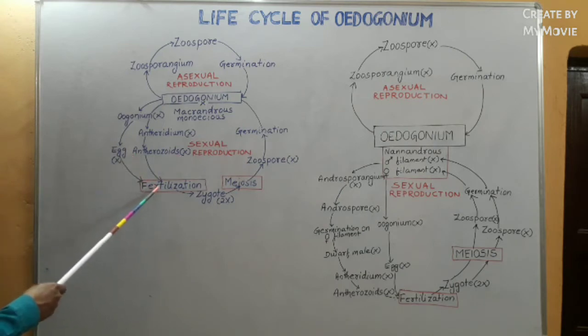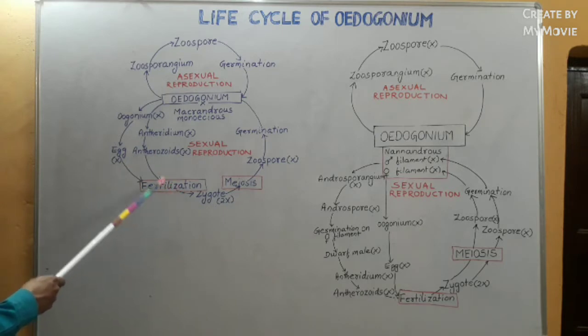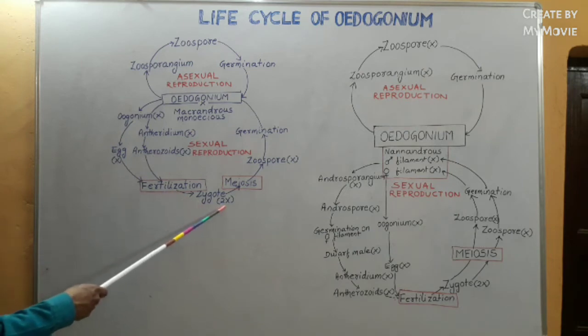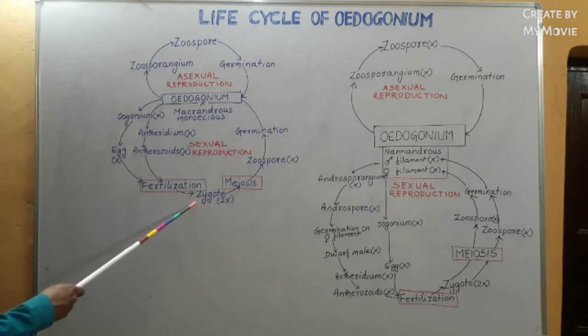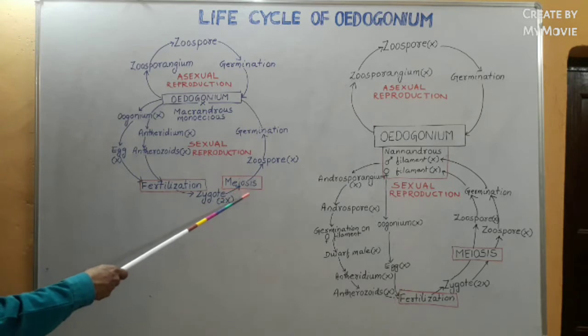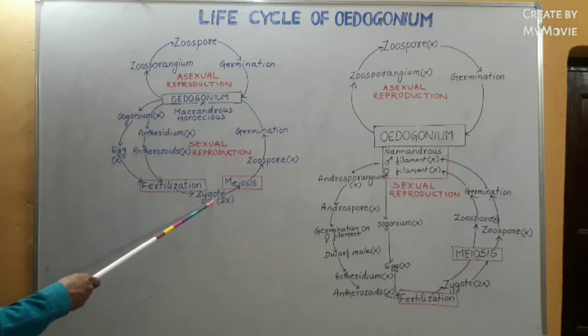Next step is fertilization. Fertilization occurs between egg and antherozoids that results in the formation of zygote. This zygote is a diploid structure. Later on, zygote undergoes meiosis. By the process of meiosis, 4 haploid nuclei are formed inside the zygote.